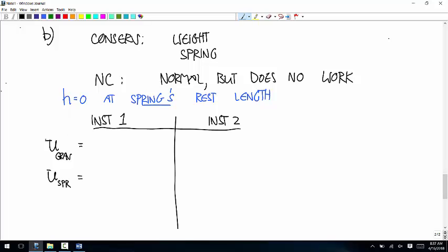Okay, so if this thing is at an x position of 0.0696, how would we figure out the gravitational potential energy?